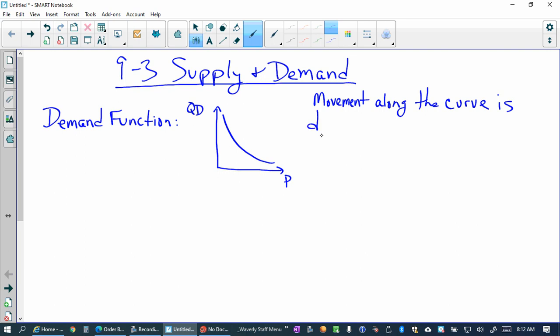No other factors will move this along the curve. If we're only talking about price, and not considering any other factors, what we say is all else being equal.